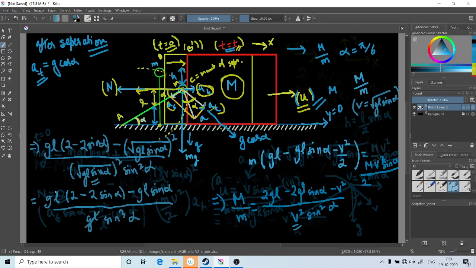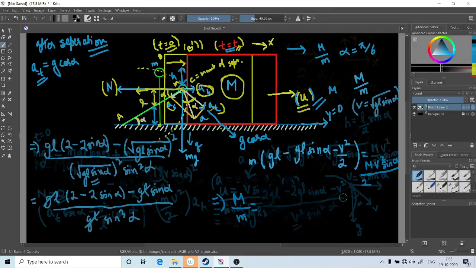Gl cancels out, giving us the value of m by m equal to 2 minus 3 sine alpha divided by sine cube alpha.